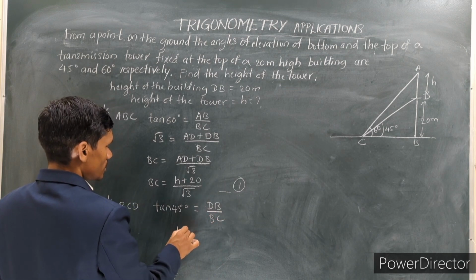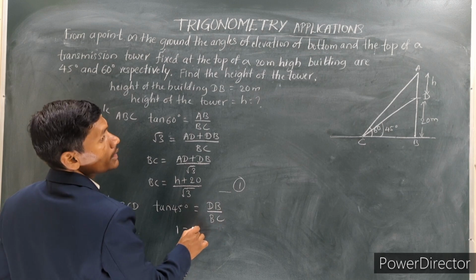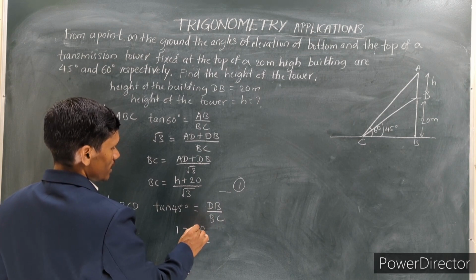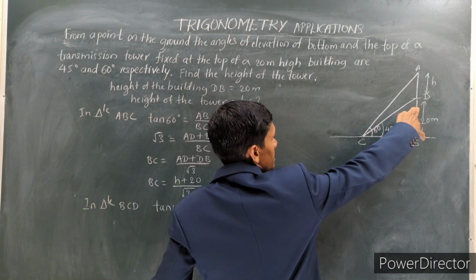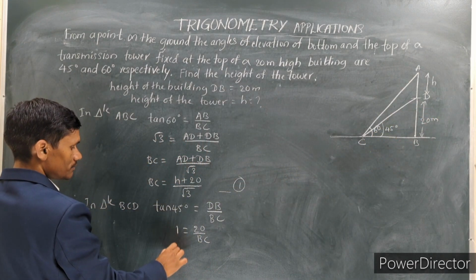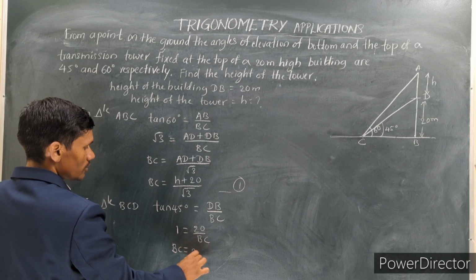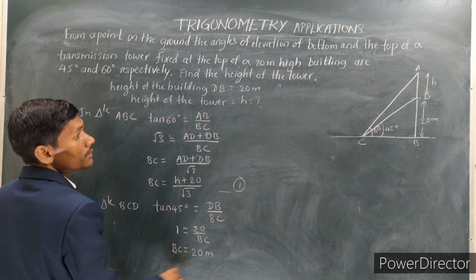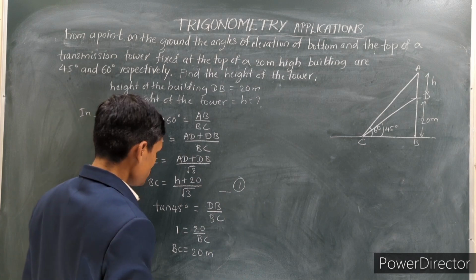Tan 45 means 1. DB means 20, divided by BC. From the figure you see DB is the height of the building, that is 20 meter. That is why BC you bring this side. BC equal to 20 you are getting. BC is 20 meter.